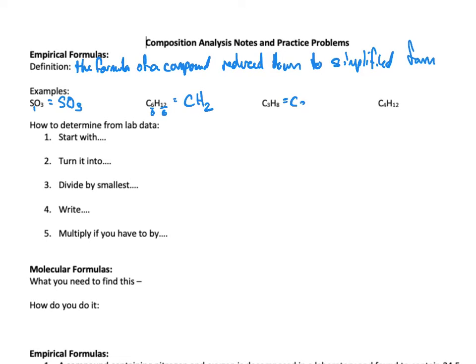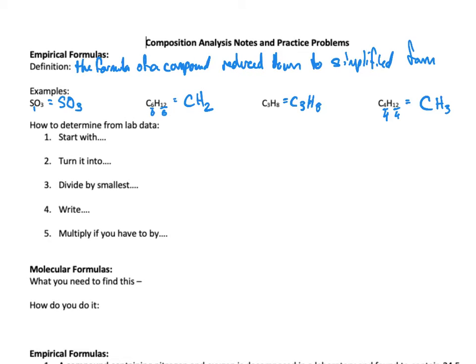So the empirical formula there is the same as the molecular formula. And on the last one, the C4H12, both of those numbers are divisible by 4, and so that reduces down to CH3. That's how you take a molecular formula and reduce it down to empirical formula.